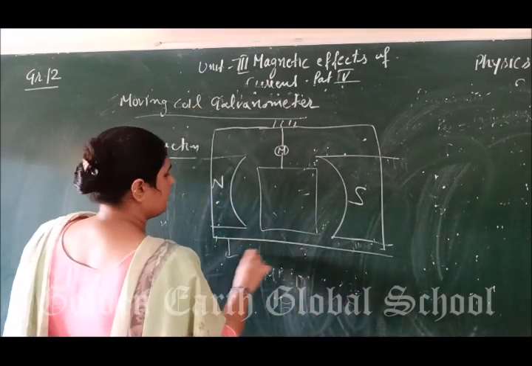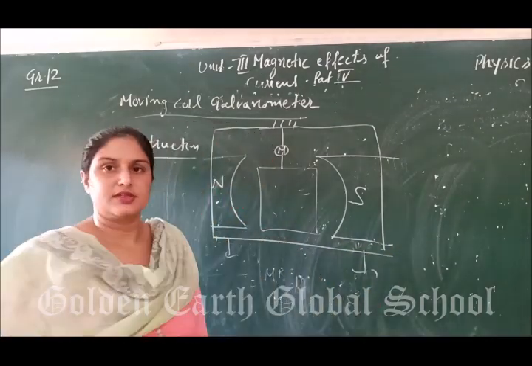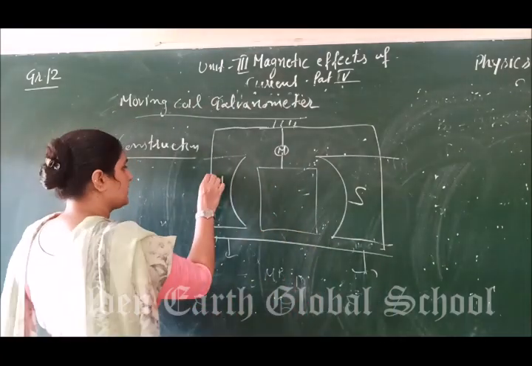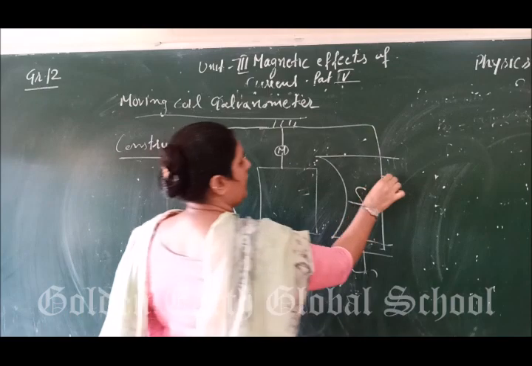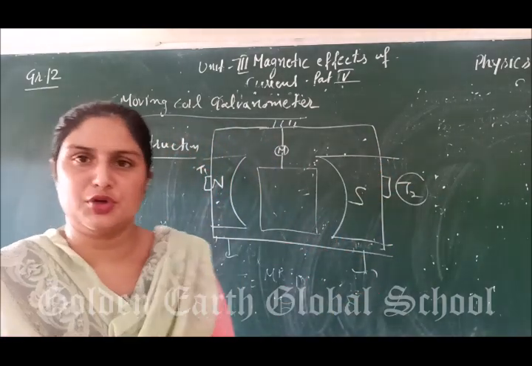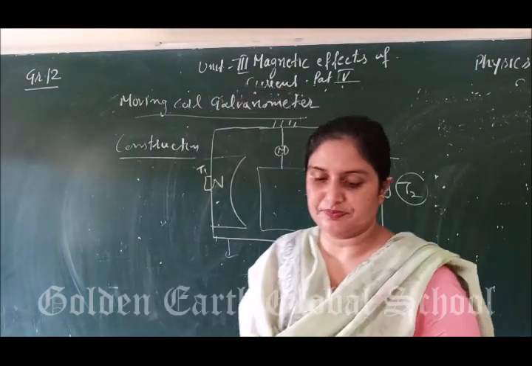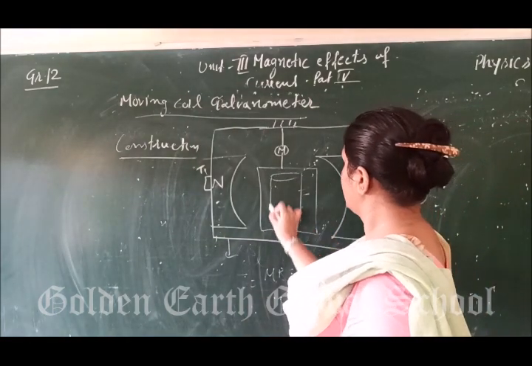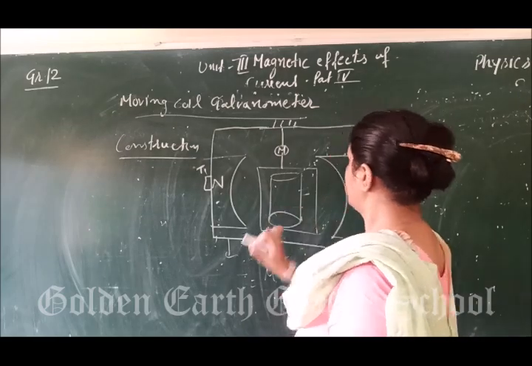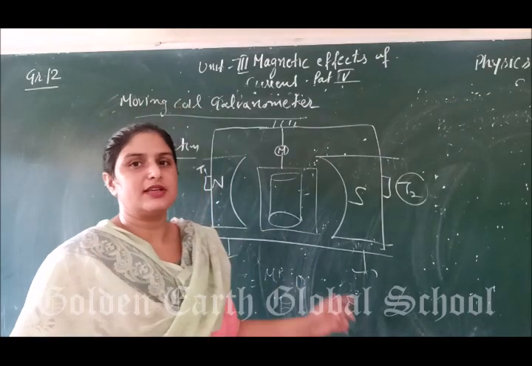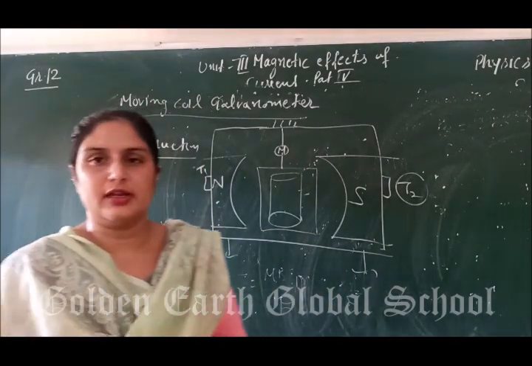There are the two leveling screws, and we have the two terminals, terminal T1 and terminal T2. These are used to connect this galvanometer in the circuit. This moving coil is wound on the soft iron core. So this is the construction of the moving coil galvanometer.